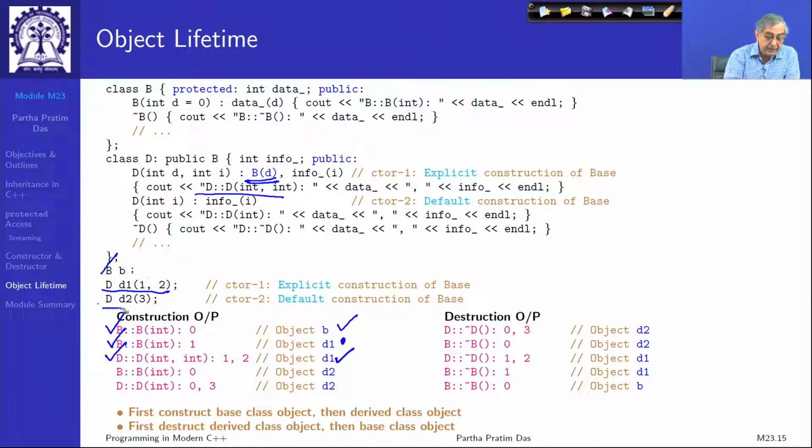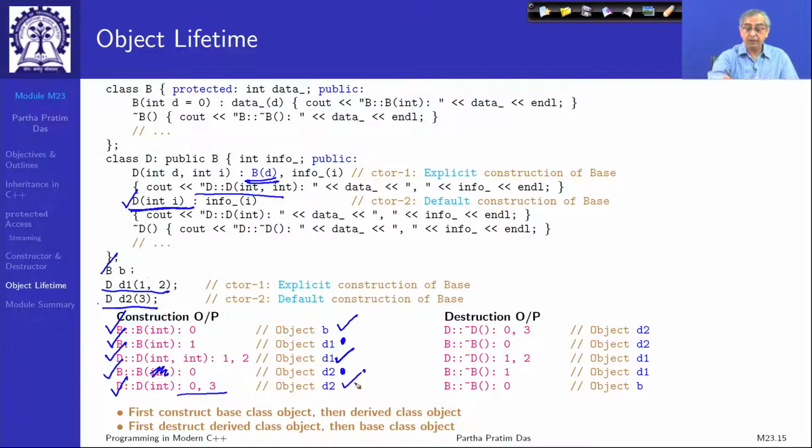Then you have d 2. This will use this constructor, which means it will use the default constructor of the base class. So, again you have the base class constructor. This is the base class default constructor, which naturally takes the value 0, so d 2 is partially constructed, then the constructor of derived class d goes on and you have the object d 2 constructed.